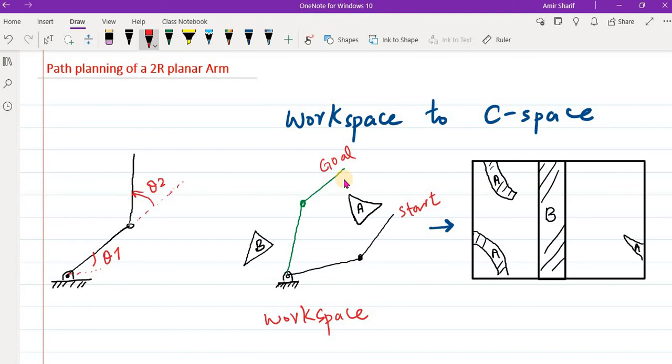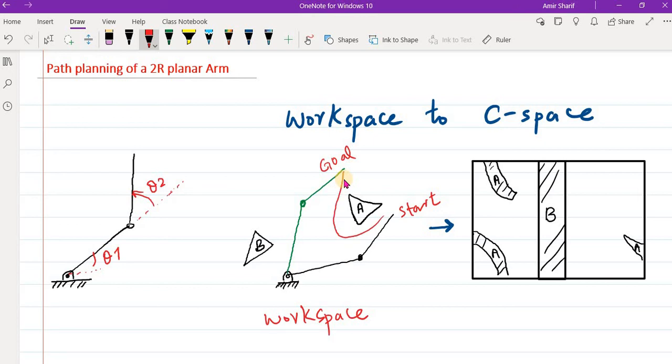If we apply the methods that we have previously studied, like grid methods or graph methods, and we consider only the end effector for path planning, it will give you a path maybe like this.